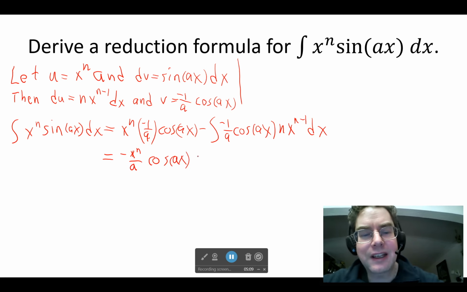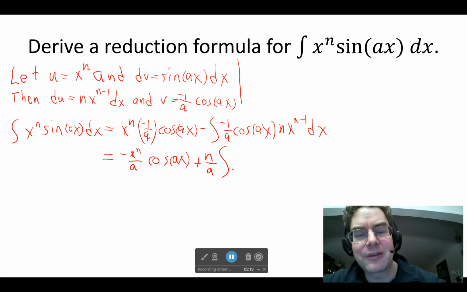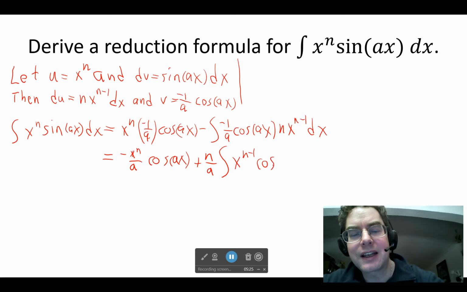And the minus signs are going to cancel here. We can also pull out some constant multiples, get n over a. And then the integral that we have left is the integral of x to the n minus 1 cosine ax dx.